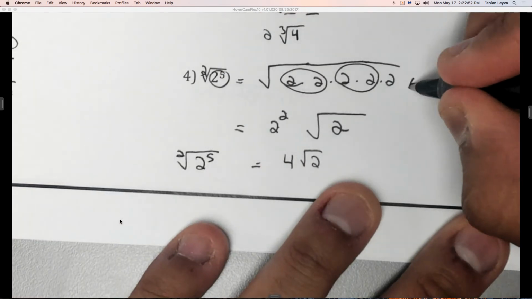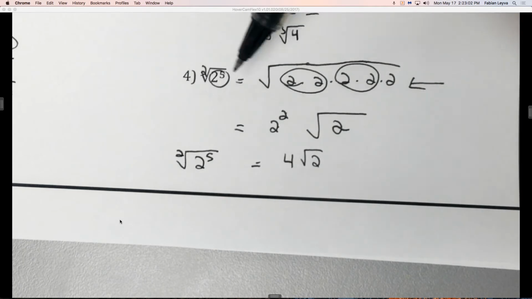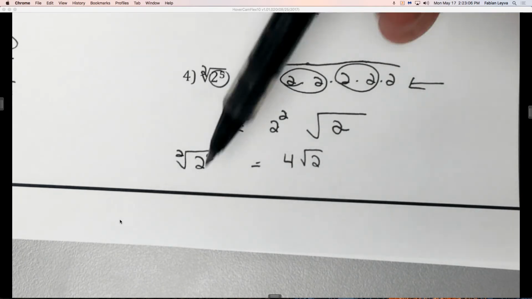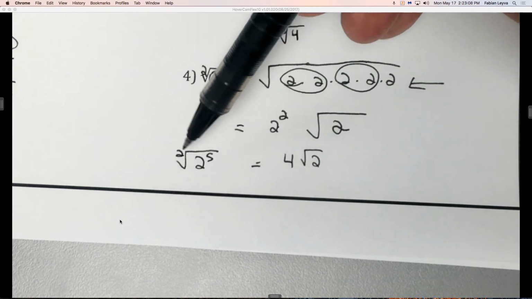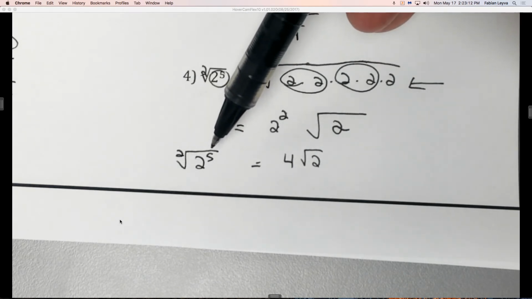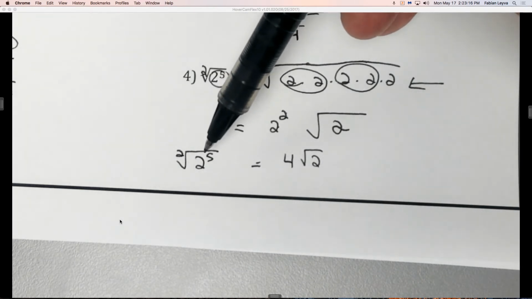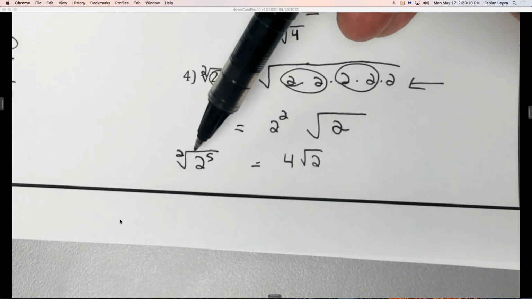Now, I don't know about you, but I don't want to have to expand these out each time, count the groups, and do all that. I want a way to be able to figure this out just from the start. And let's figure this out together. Remember that what you're really doing here is figuring out how many groups of 2 you have on the inside. So when you have something raised to an exponent, all you have to do is ask yourself, how many times does 2 go into 5? 2 times what is close to 5?